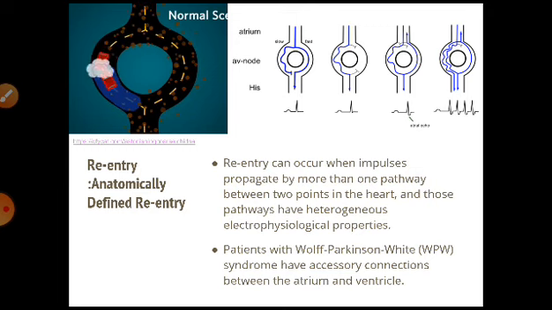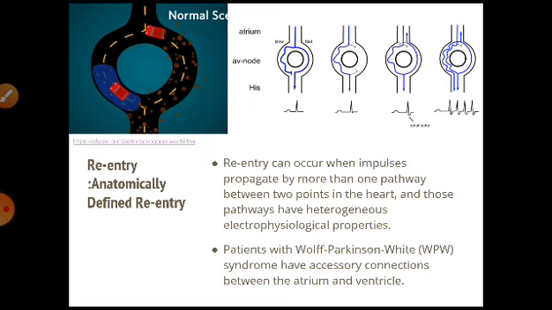Re-entry can occur when impulses propagate by more than one pathway. So now if there are two pathways, the question is from where these two pathways came. Now, in a normal heart there are no two pathways, there is one single pathway and it strictly has to follow it.